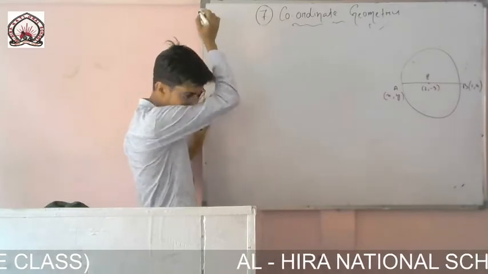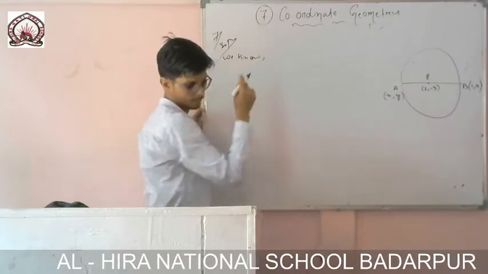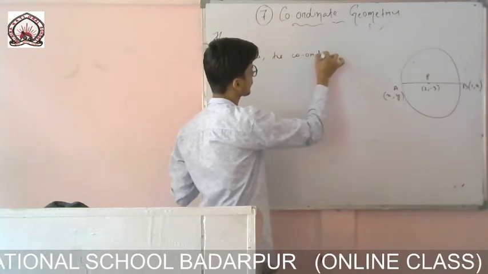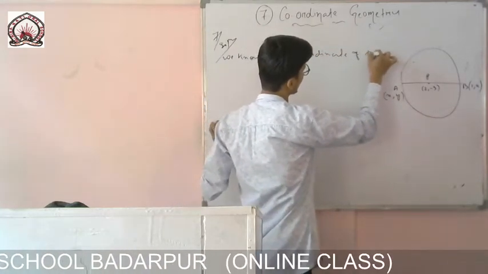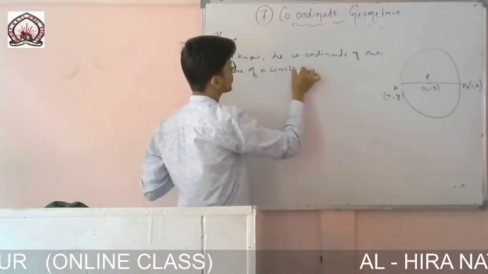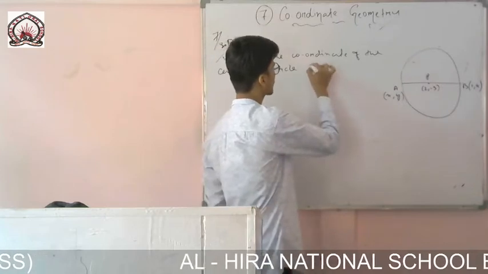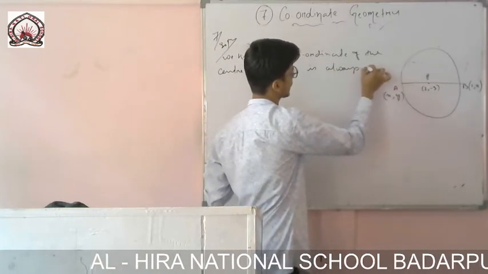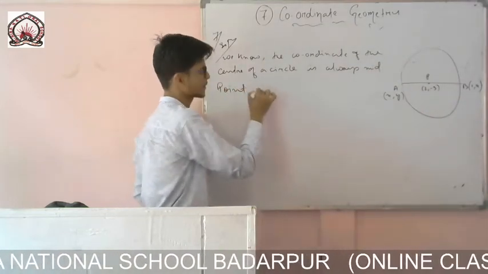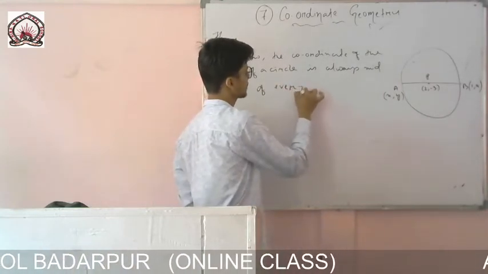So you write like this, question number 7. We know the coordinate of the center of a circle is always the midpoint of every diameter.